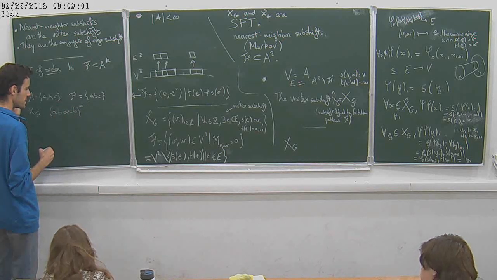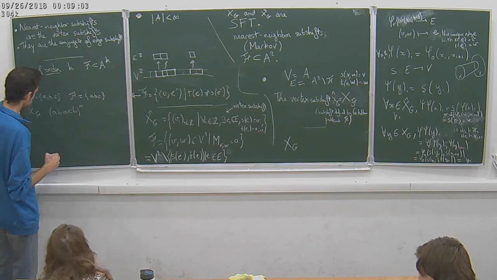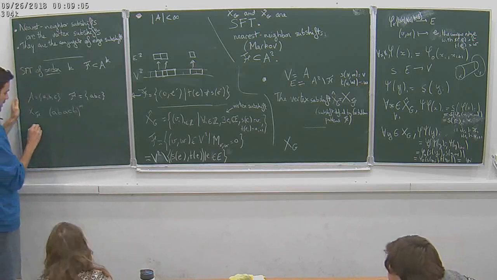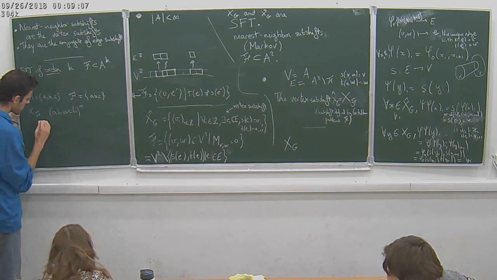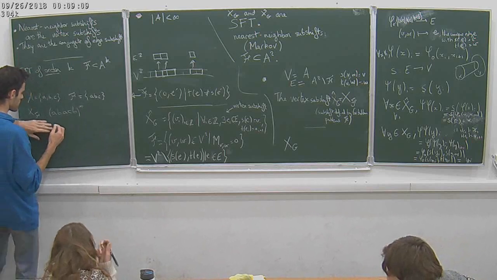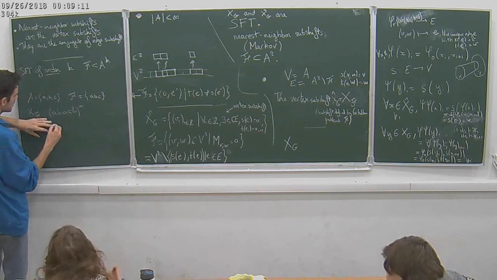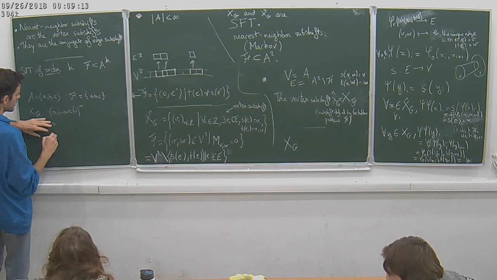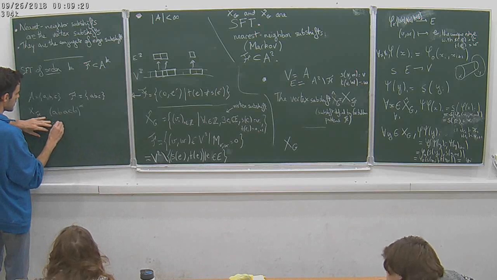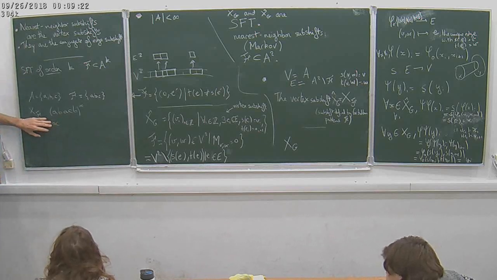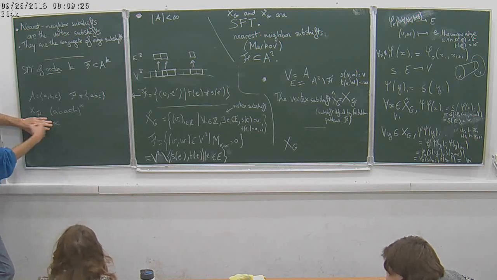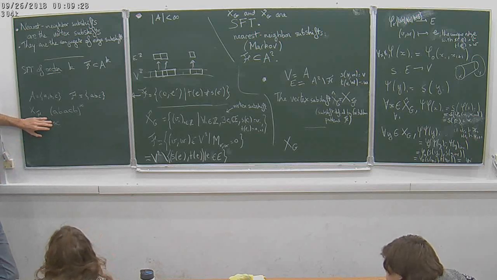But if I write an infinite word here, I don't show it to you, and then I have, I don't know, AC. I'm telling you that this infinite word is okay with the subshift of finite type.